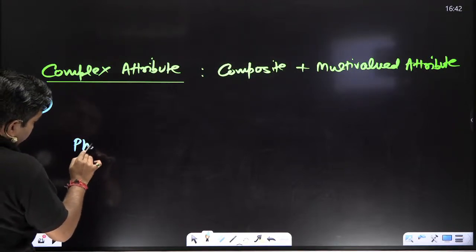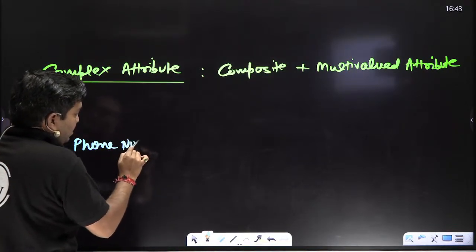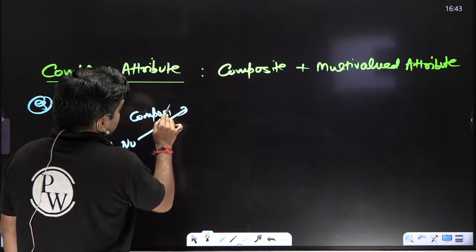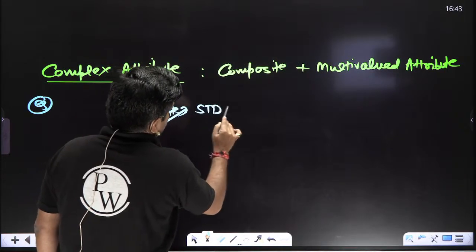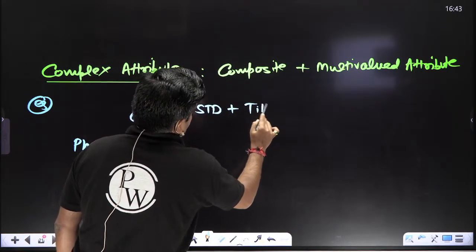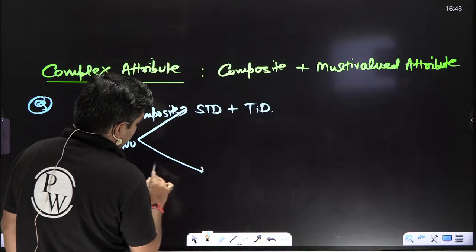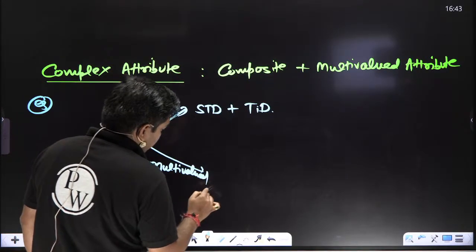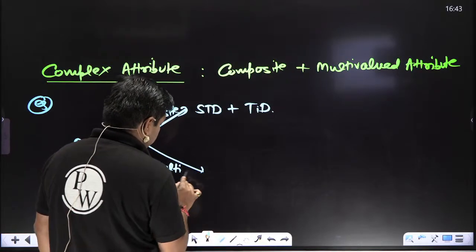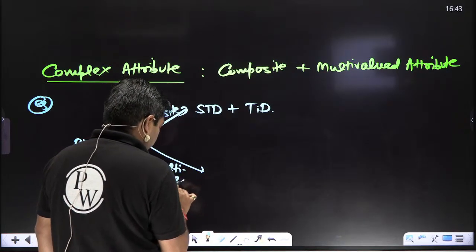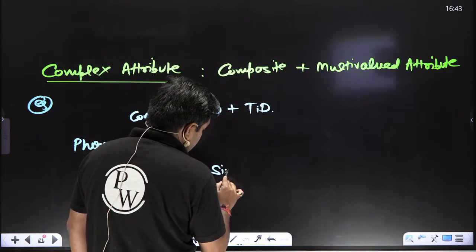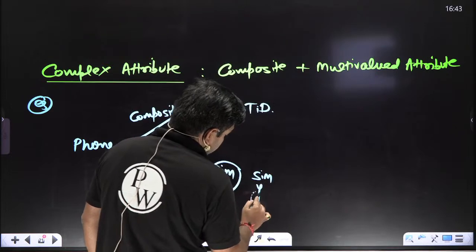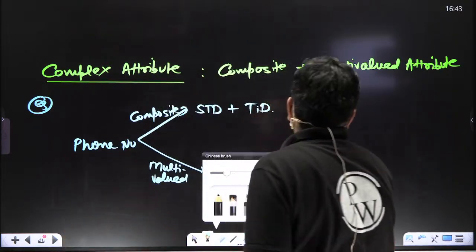For example, phone number. Phone number is a composite also. Why? STD plus telephone ID. And multi-valued also. For example, SIM X and SIM Y. Second, address.